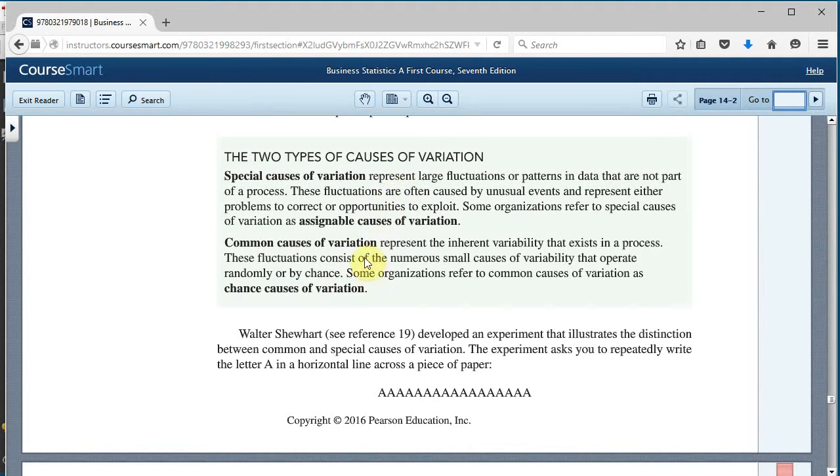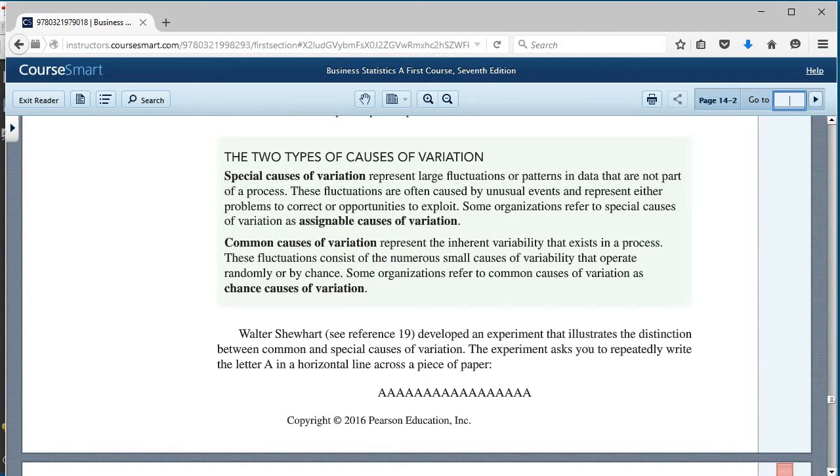If there's nothing out of control, but our random causes of variation cause the variation to be too large to our liking, then we have to make more wholesale modifications to the process to improve quality.